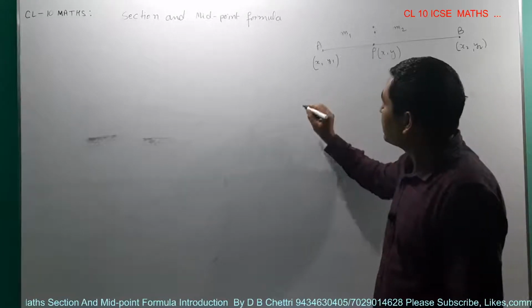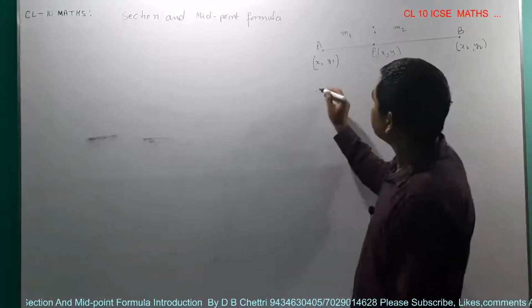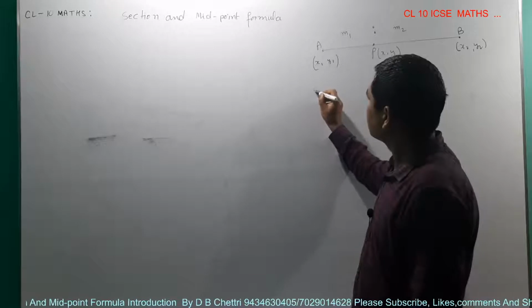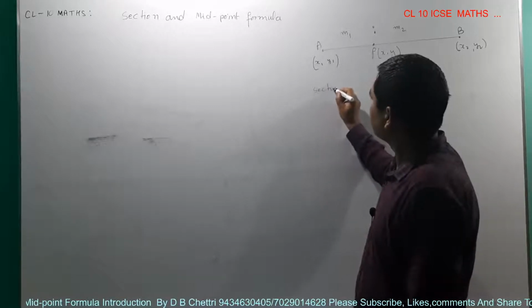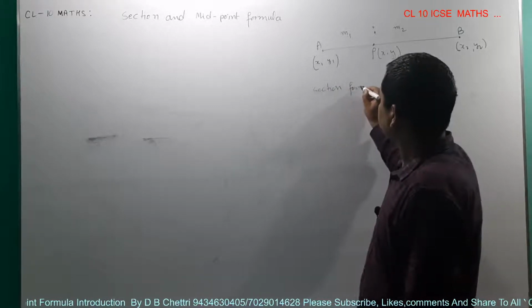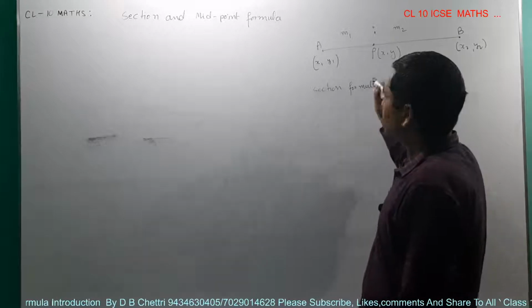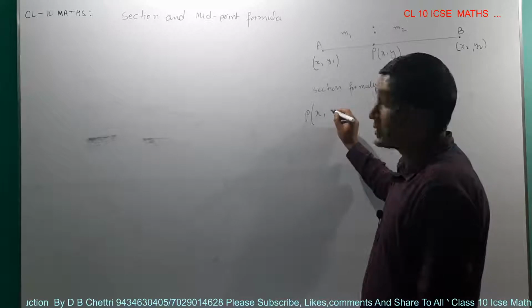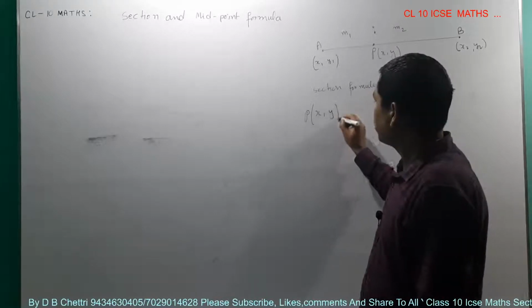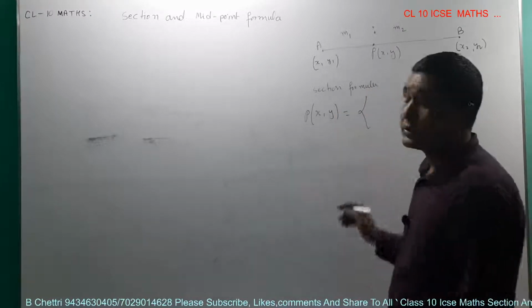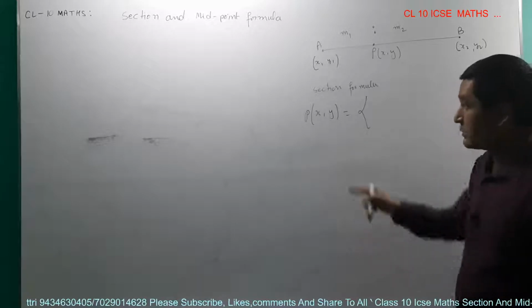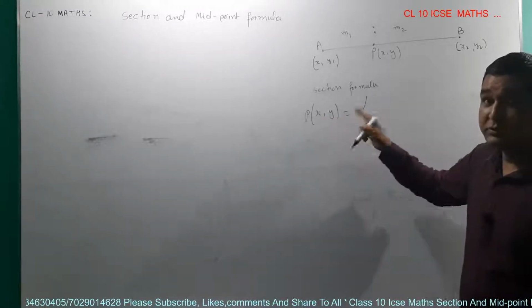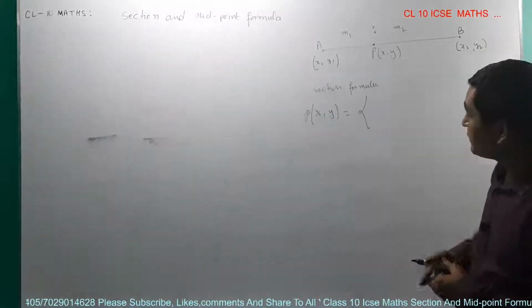Now according to the section formula, it helps us get the coordinate of the dividing point x, y. You can find them together, or we can find them separately also. Since I wrote xy together, we're going to find them together.